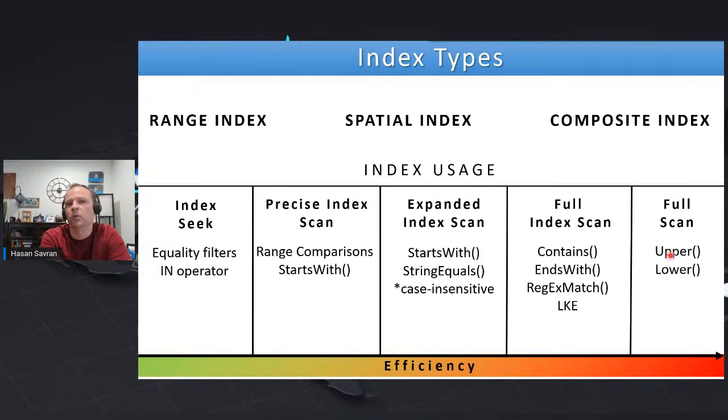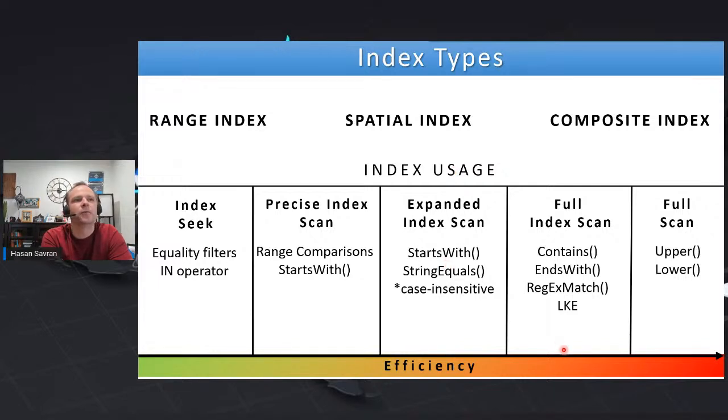For example, if you use the upper or lower system functions, you are forcing Cosmos DB to do a full scan, and full scan means high request units. Also, there are some other system functions that you might be using in your queries, and it's good to know which system function uses which type of index usage.